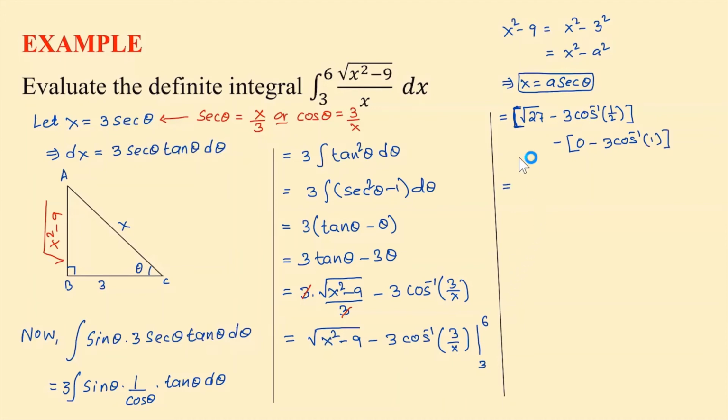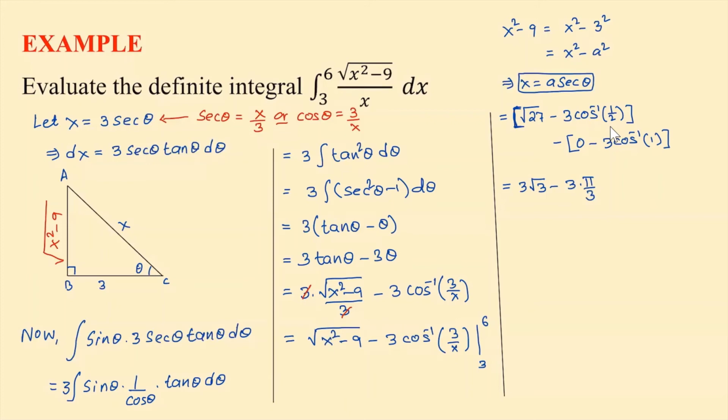Okay, now square root of 27 can be written as 3 root 3, minus 3 times cosine inverse half. Cosine inverse half is pi over 3, because cosine pi over 3 is half.